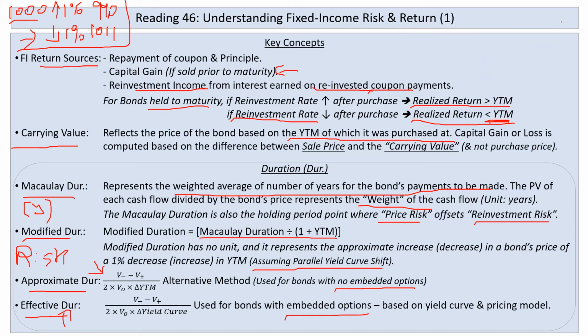In a lot of questions, the V negative and V positive, the bond's price with a decrease or increase in YTM, would be given, just like our exercise over here. However, that is not a rule. There are a lot of circumstances during the exam and during our practice questions where you would have to really calculate the effect on the price.